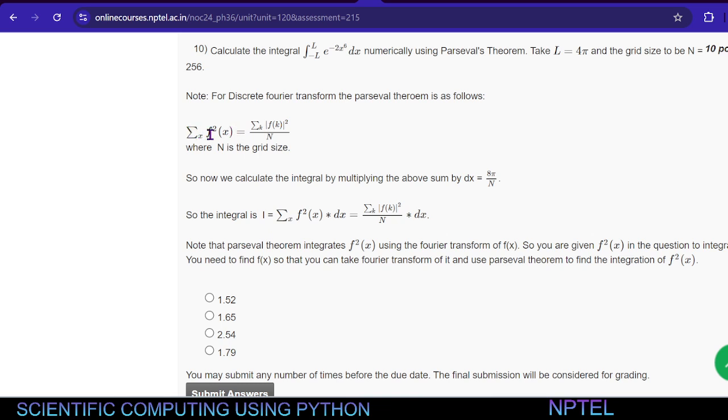And that is that the sum over f squared x is the sum over mod fk squared divided by n. So we'll do this, and then the integral is this times dx. So dx itself is 8 pi by n. So basically we have to do the Fourier transform to get this fk, and then sum it and multiply it by this factor.